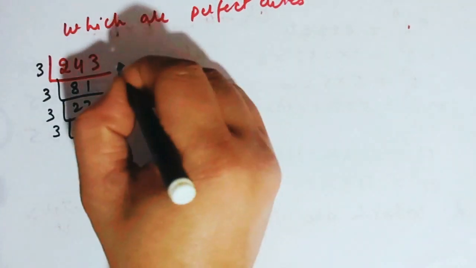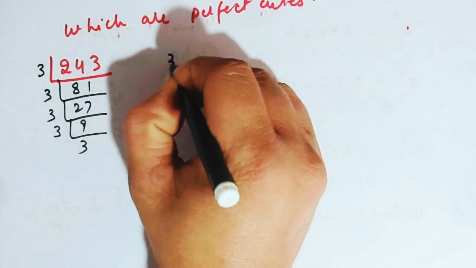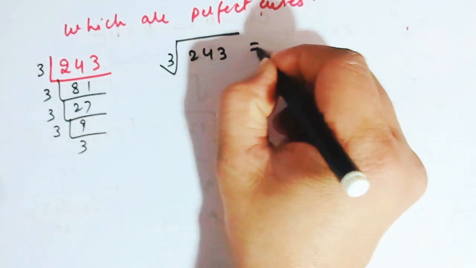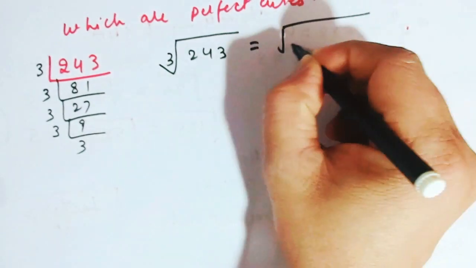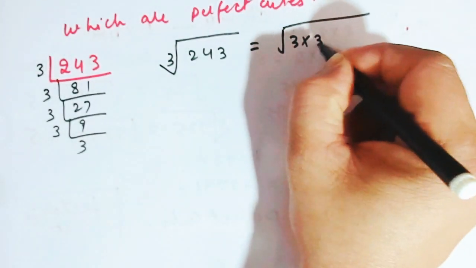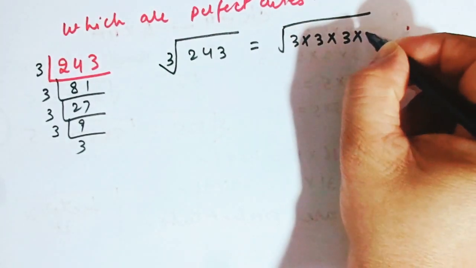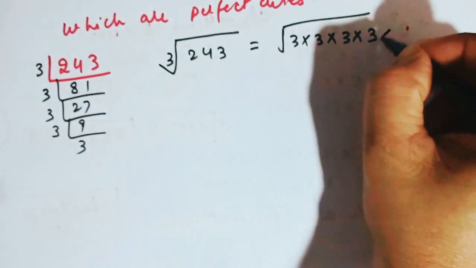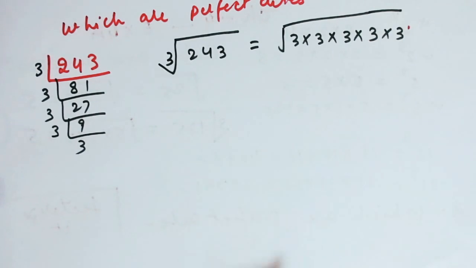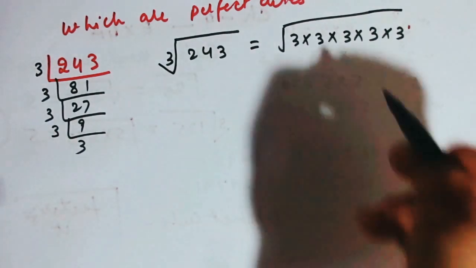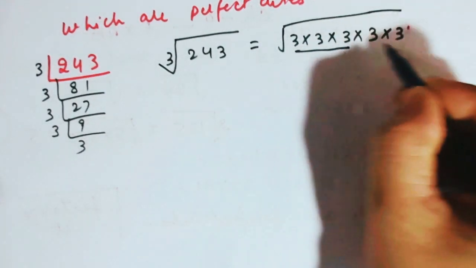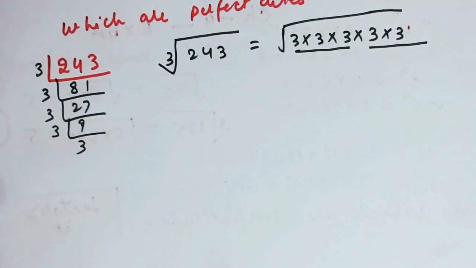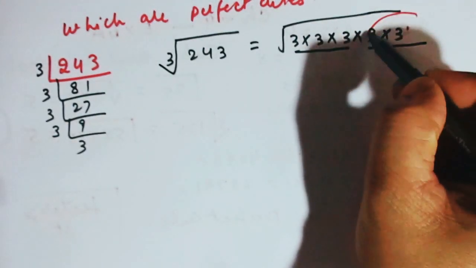So here for 243, the cube root, I told you to mention the cube root of 243 as, have a look, 3 times 3 times 3 times 3 times 3, 1 2 3 4 5. I find that here it forms a triplet, but here it does not form a triplet. Here is the problem.